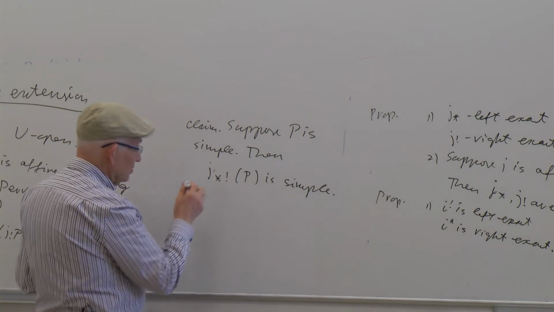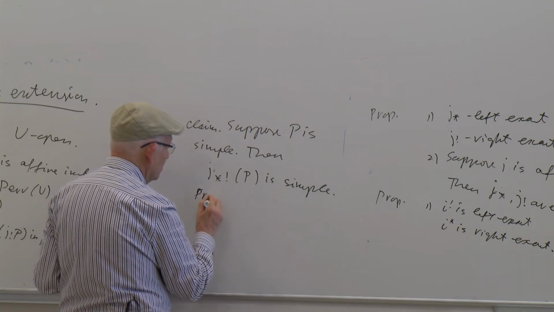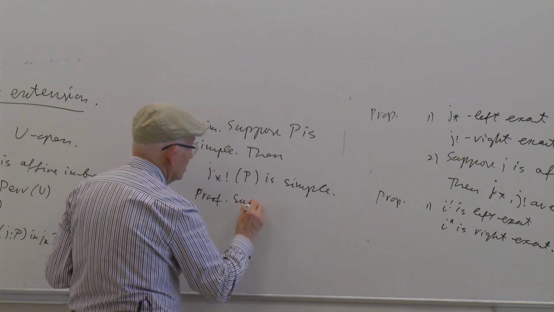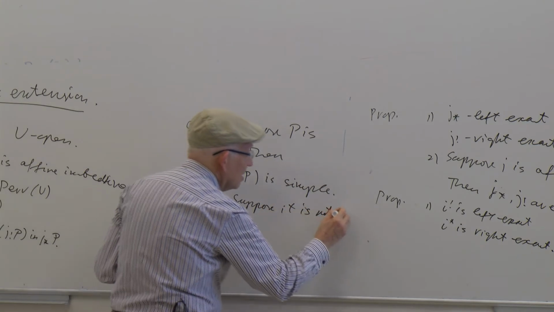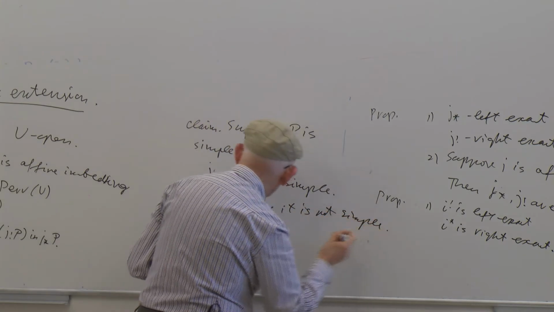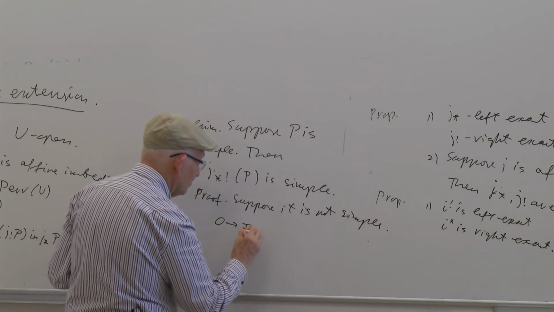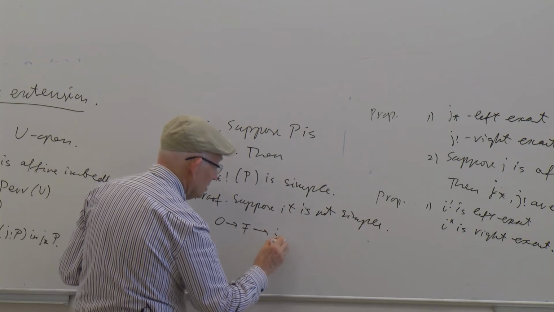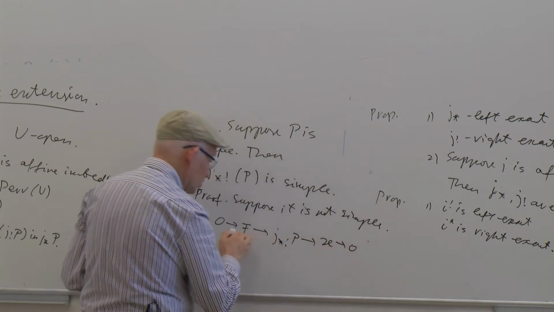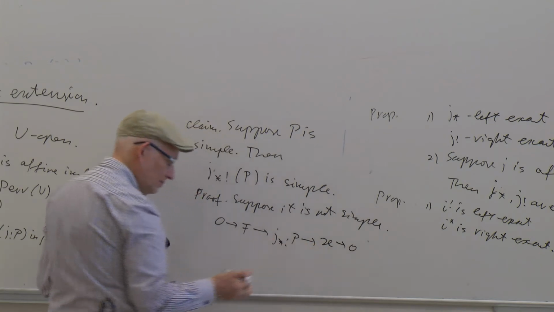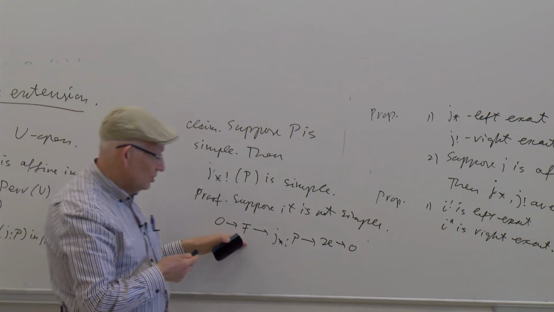Okay, how do we see it? Suppose it is not simple. Proof: it is not simple. So it means that you have some exact sequence of the following type: F, j shriek star of P, H, where these are perverse sheaves, and both of them are not equal to 0.